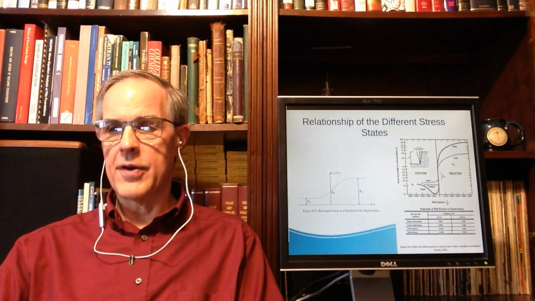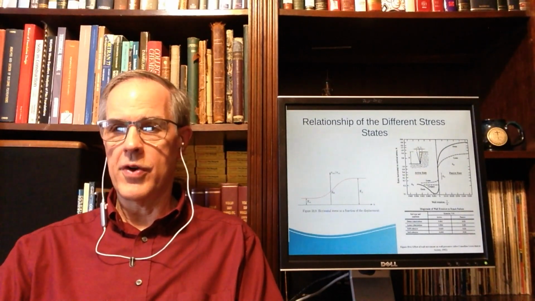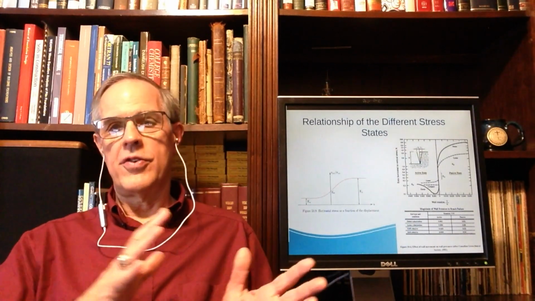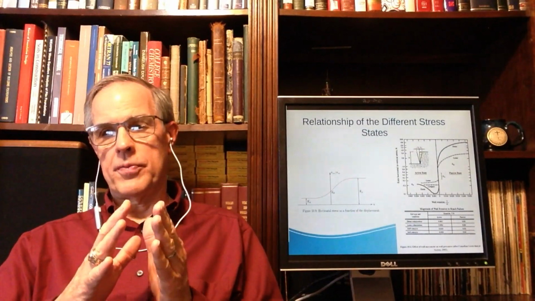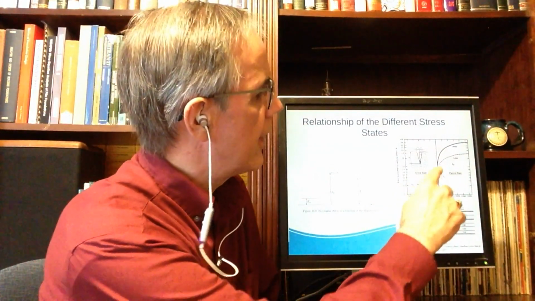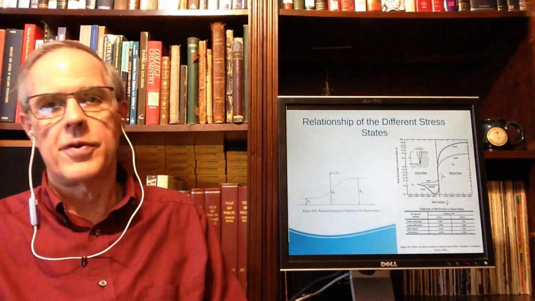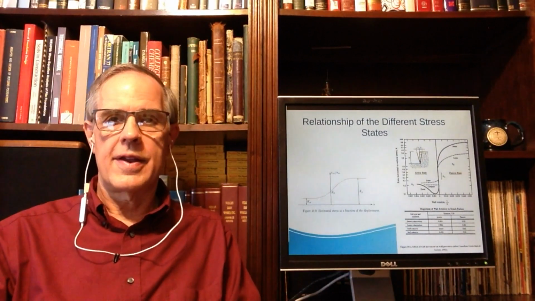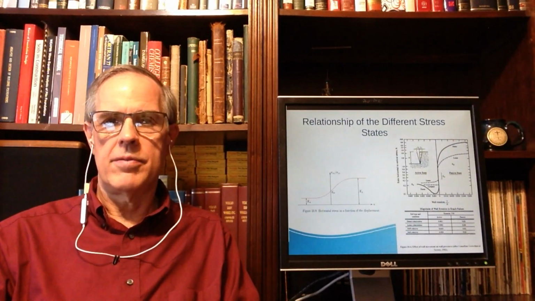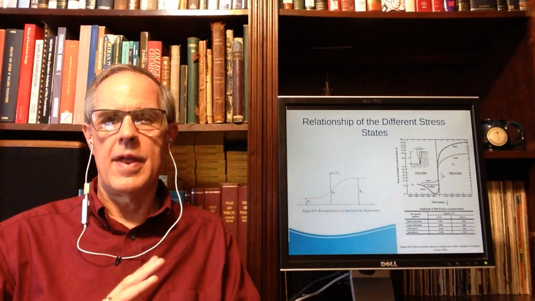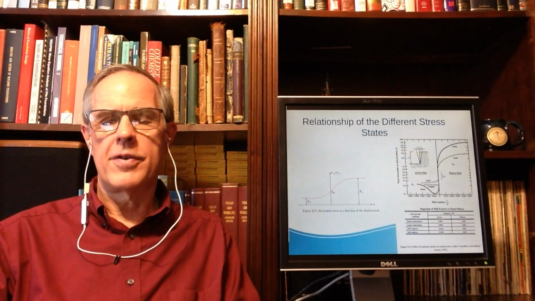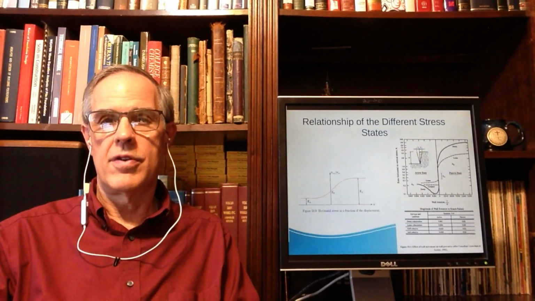Here we have a diagram, and we looked at it last semester, and Voigt actually has one like it, where the transition from active to at rest to passive is kind of a continuum. It's not a clean cut kind of thing, and as a result many earth pressure calculations don't even consider this.